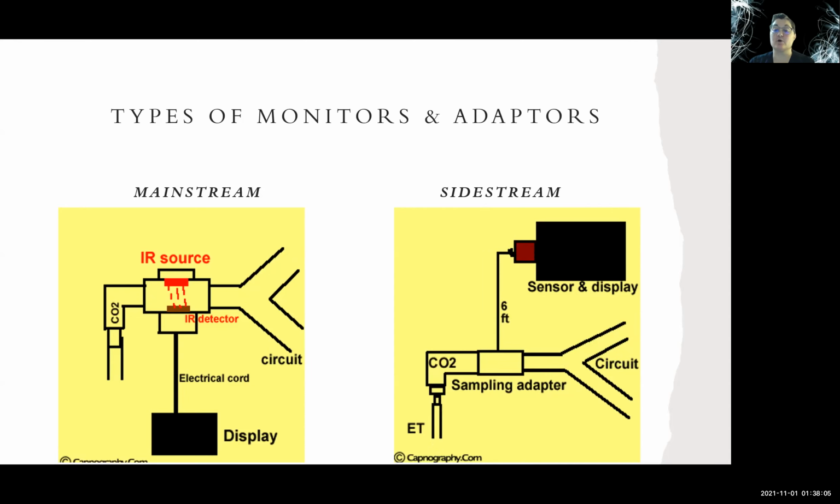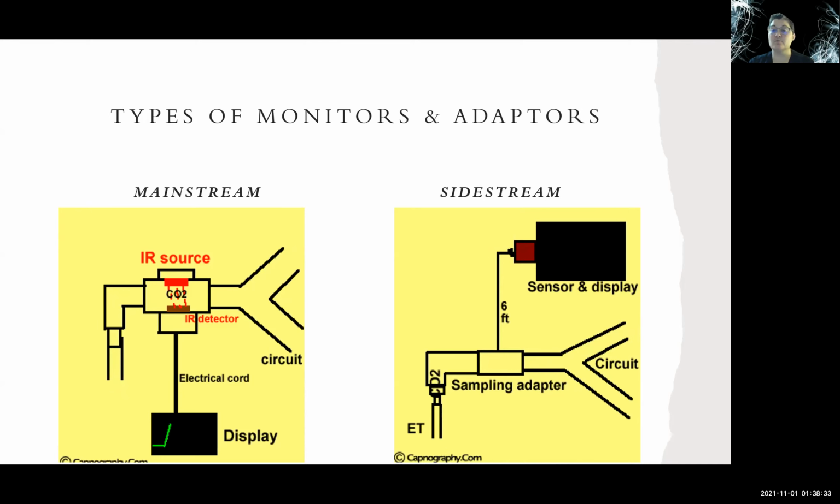Some advantages, well, honestly, it's pretty easy to connect. You don't have to worry about sterilization. It can even be used on awake patients, even if they're in abnormal positions like prone, and it can be used in collaboration with oxygen administration, like with nasal prong O2.